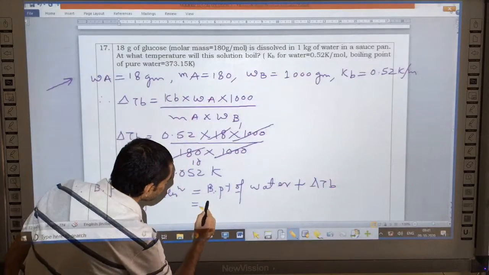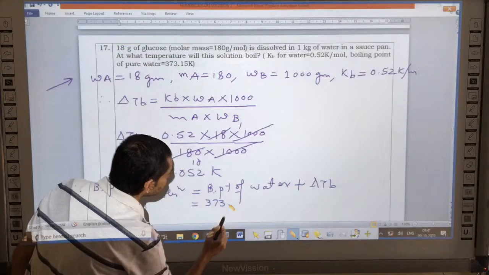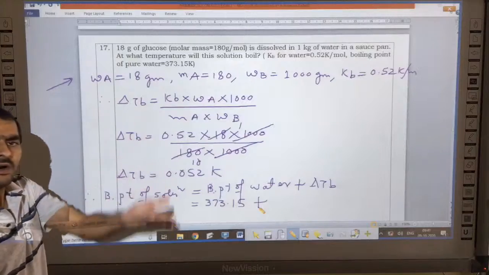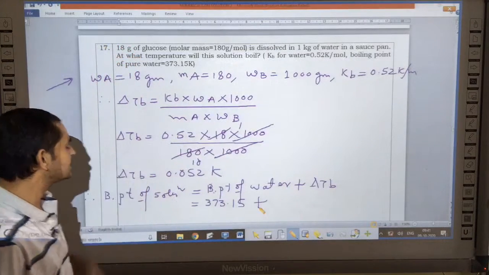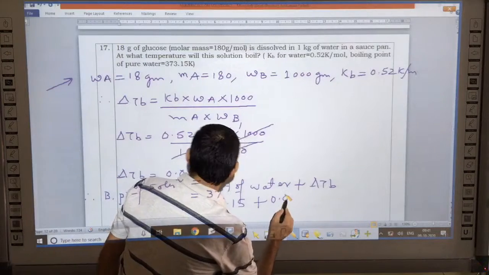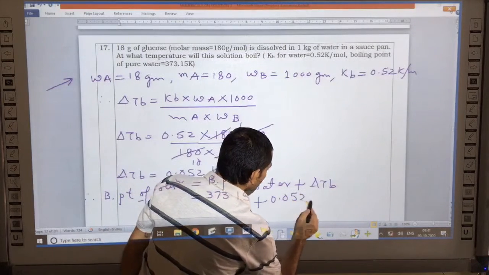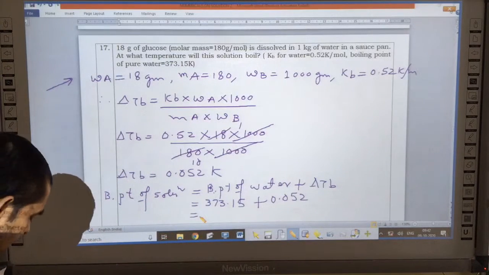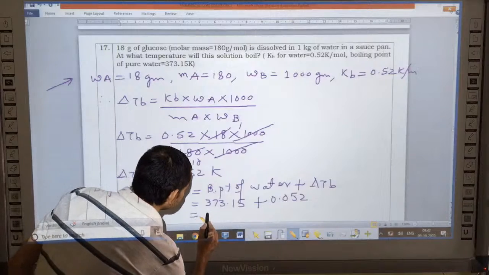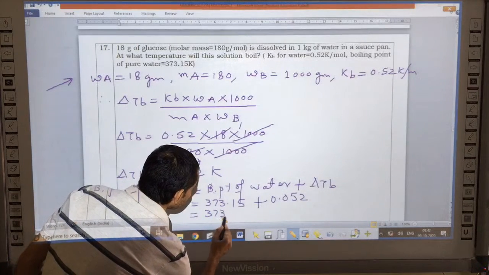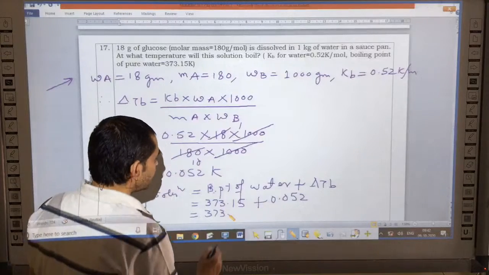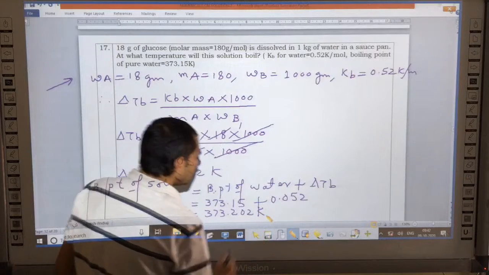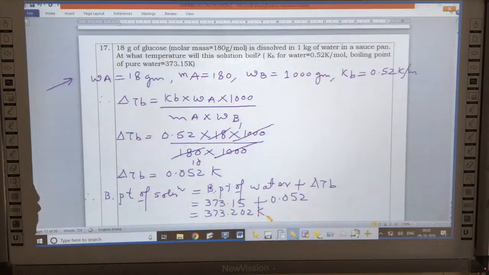It is given, 373.15, plus what is the elevation? Boiling point is increased, so you have to add the delta Tb, 0.052. You will get the answer. What is the answer of this? 373.202 Kelvin. This is the answer for this question.